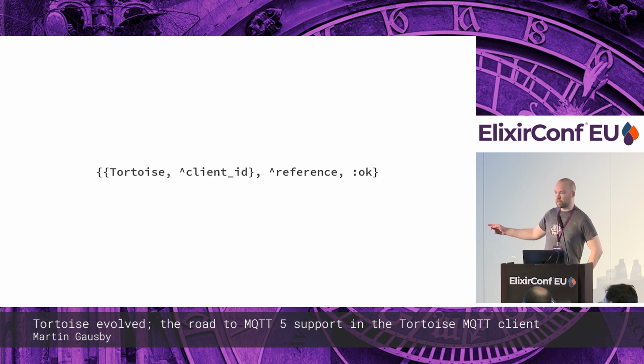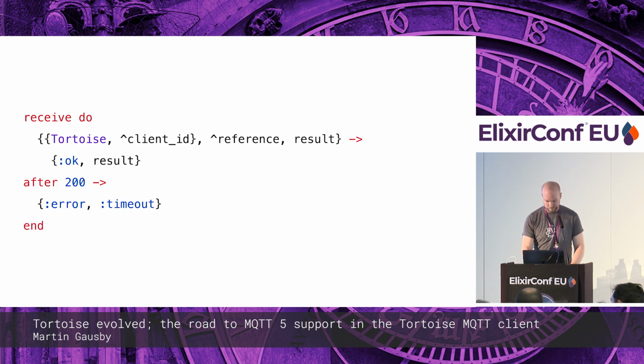And we tag it also with the client ID and the reference that we just generated in the client. And then we have the third element, which is the return value. Here it's OK. So what we can do with that is to use it in a receive block, or we can pattern match on this pattern in a gen server, and we can use it in gen server handle continue.